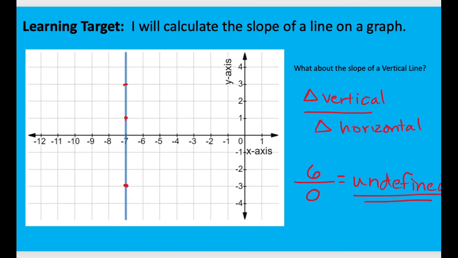The slope is undefined. So every vertical line has an undefined slope. You're going to get that error message or some sort of a message saying that it won't work if you divide anything by 0. So that's an undefined slope.